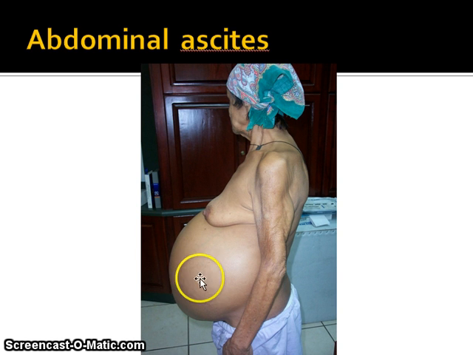The same thing happens here because it's all extra fluid under the muscle and tissue layers that you can see moving. Also notice their structure when you're examining patients. This patient, for instance, is very frail. We wouldn't expect them to be obese based on their frame size, and that can give you an indication that it's fluid versus adipose tissue.